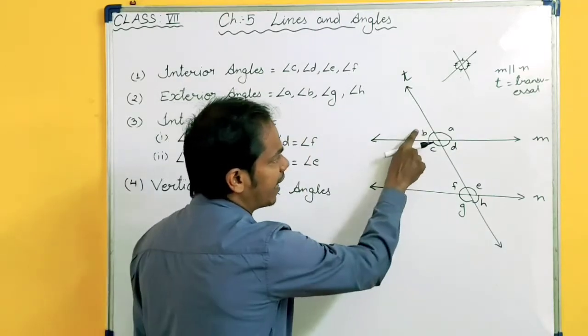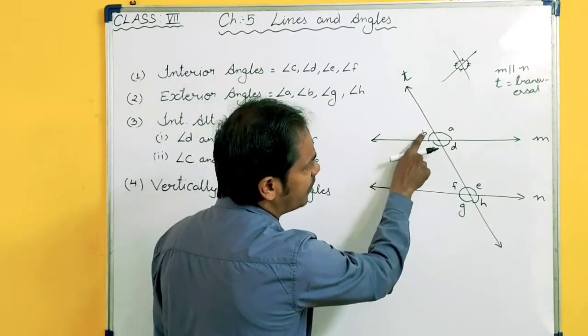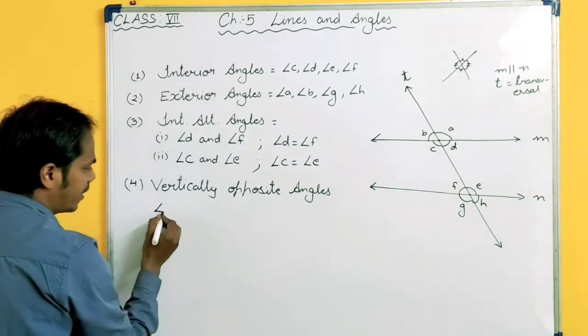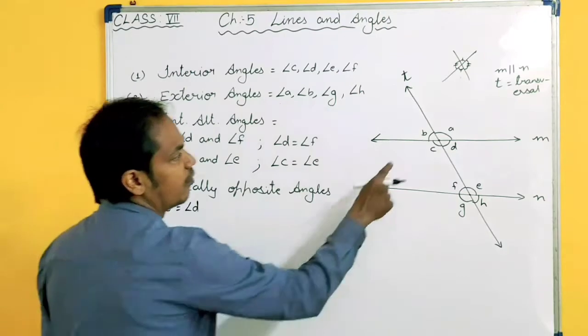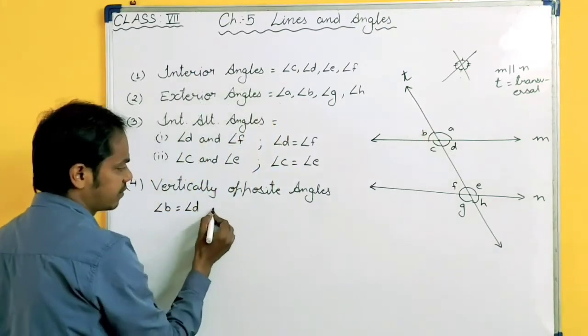So here, what is the opposite angle of B? Angle D. So angle B is equal to angle D. Vertically opposite angles are always equal.